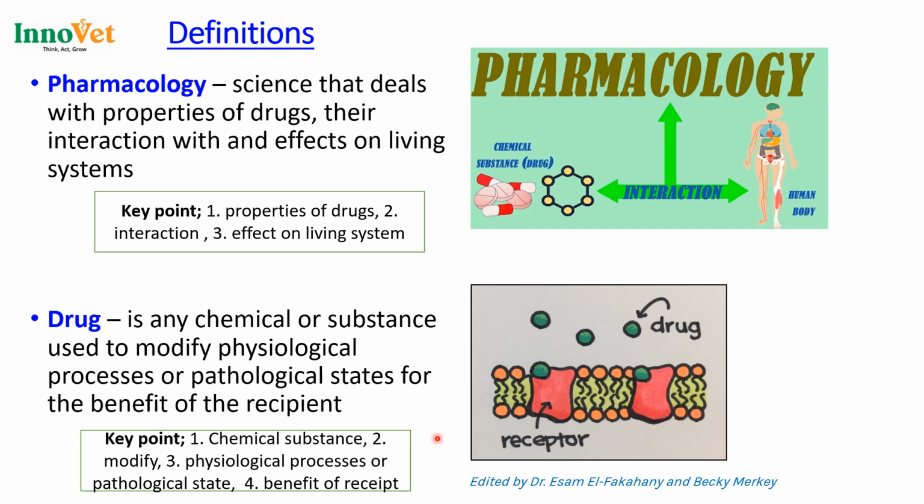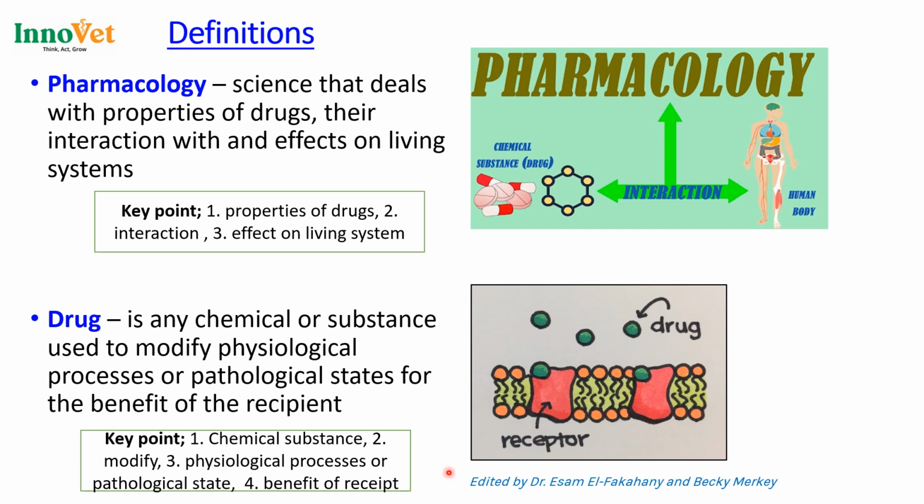We shall go to the next, which is a drug. A drug is either a chemical or a substance, and this chemical or substance is used in modifying the physiological processes or pathological state. And when it is modified, it is to the benefit of the recipient.